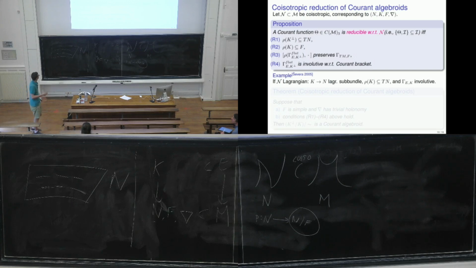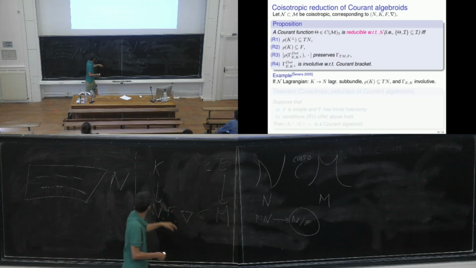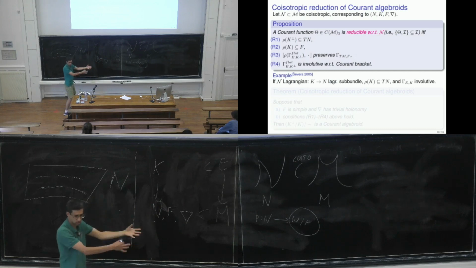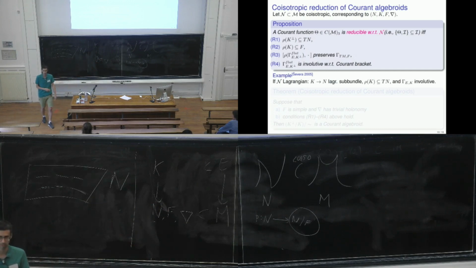And okay, if you translate into the ordinary, classical data, you get a bunch of conditions on the anchor, so this map from the Courant algebroid to TM, and on the Courant bracket. So the most important maybe is the last one. Sections of my Courant algebroid which restrict to sections of K perp, and when we go to the quotient dividing by K are flat with respect to the connection, those are supposed to be involutive with respect to the Courant bracket.